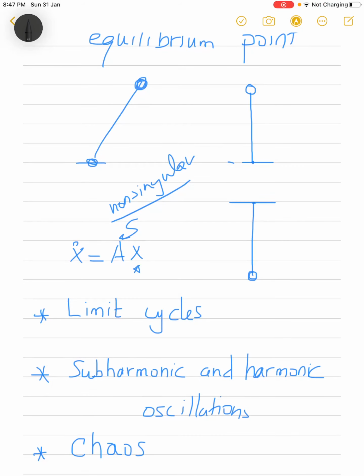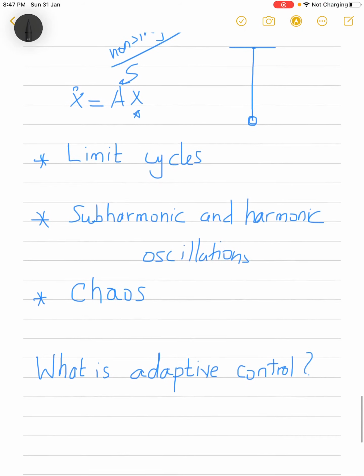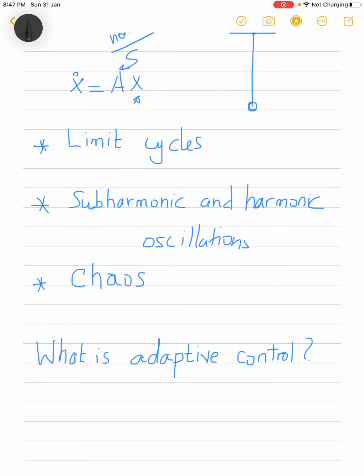Now we'll move to talk about adaptive controllers. So first, let's say what is an adaptive controller. Actually, an adaptive controller is a fixed structure controller. However, the parameters of the controllers are adjustable.